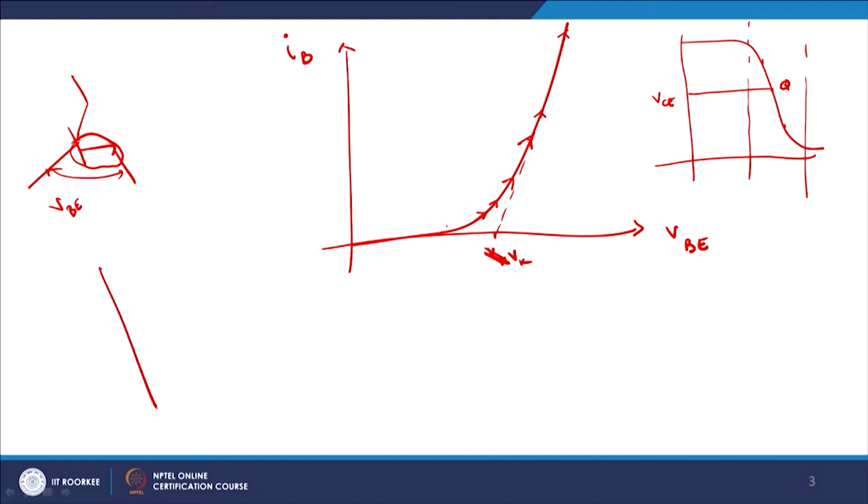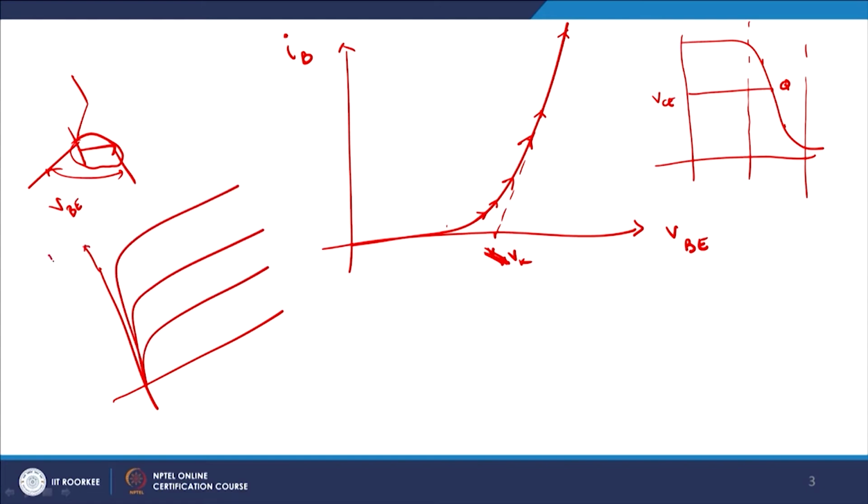Remember when we plot the graphs for IC versus VCE with common emitter configuration for various values of IB, it is IB1, IB2, IB3, with IC1, IC2, IC3. IB is of the order of a few microamperes and IC is of the order of a few milliamperes, so approximately a 1000 times increase.